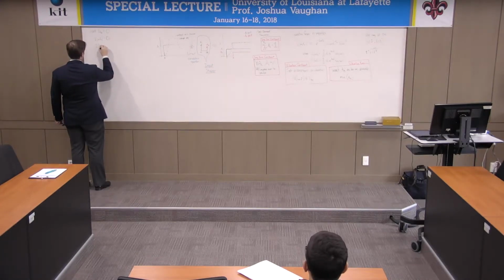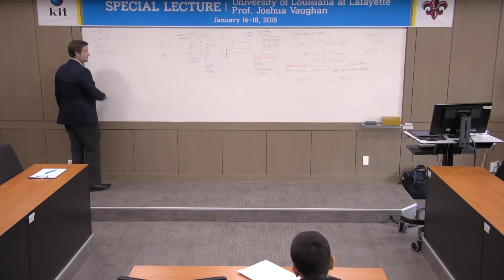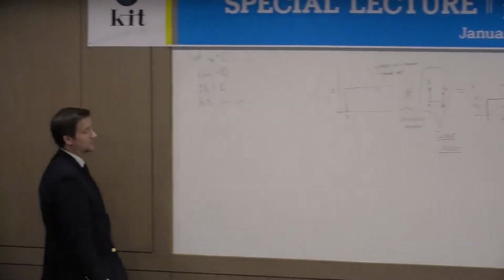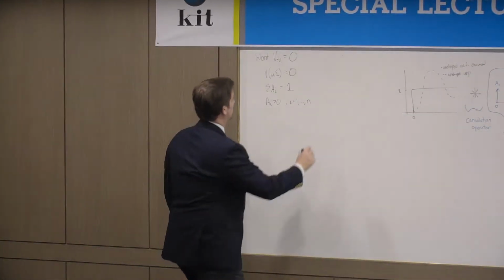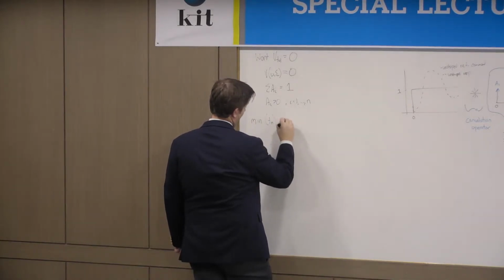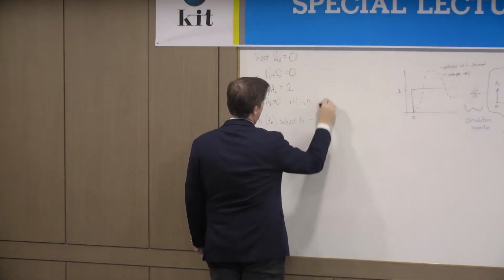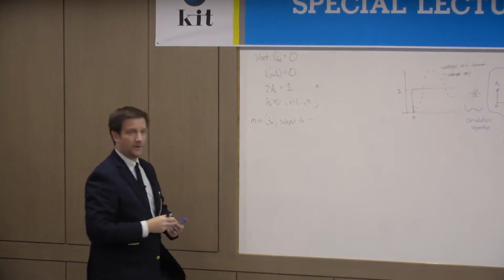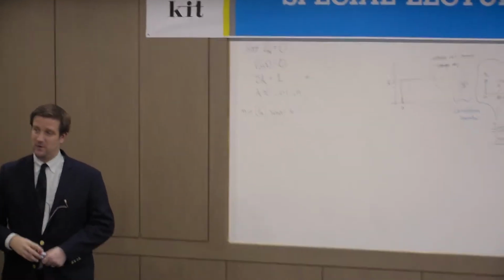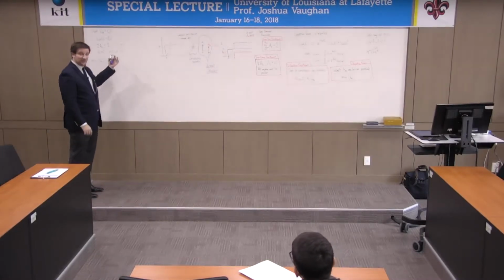Summation, all my impulses sum to 1. I have impulse amplitudes greater than 0. So basically I want to pick the minimum time subject to fulfilling those constraints. So we can solve this with numerical optimization.